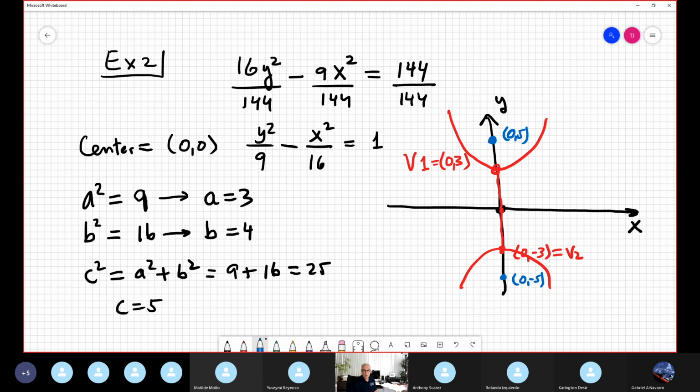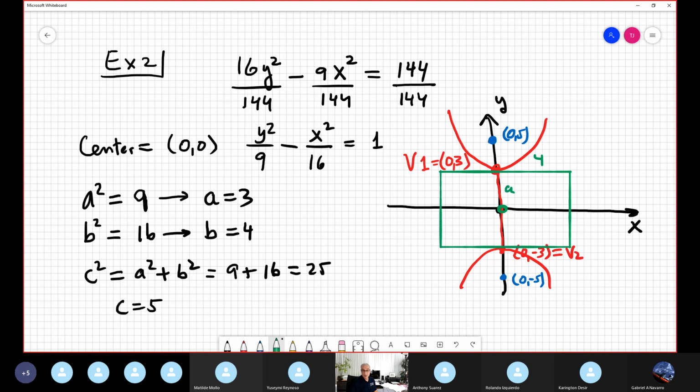And what about b? Well, b is 4, but I don't care too much about b, because the only thing b is useful for is to make the asymptotes. This is a, this is b, 4. That distance is 4, that distance is also 4, and that distance is also 4. So our famous reference rectangle is formed, centered at the origin, of course.